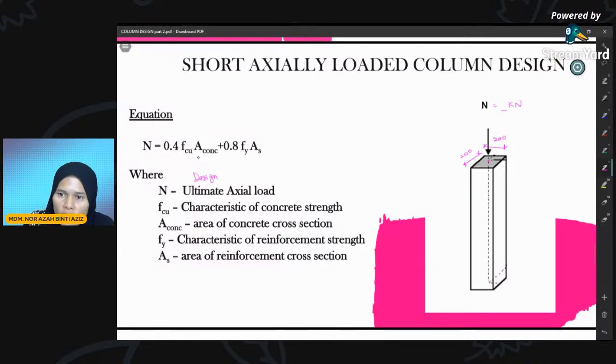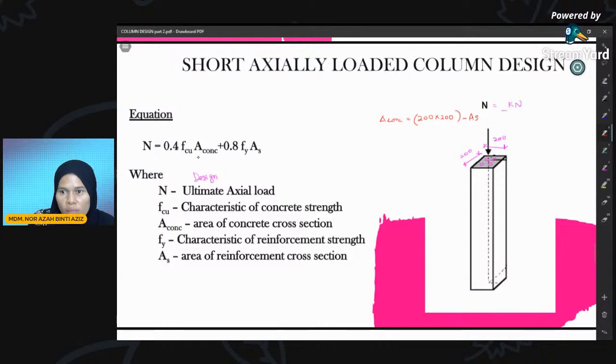Don't forget, we design reinforced concrete, so our column has reinforcement. So the area of concrete, Ac, equals 200 times 200 minus As.